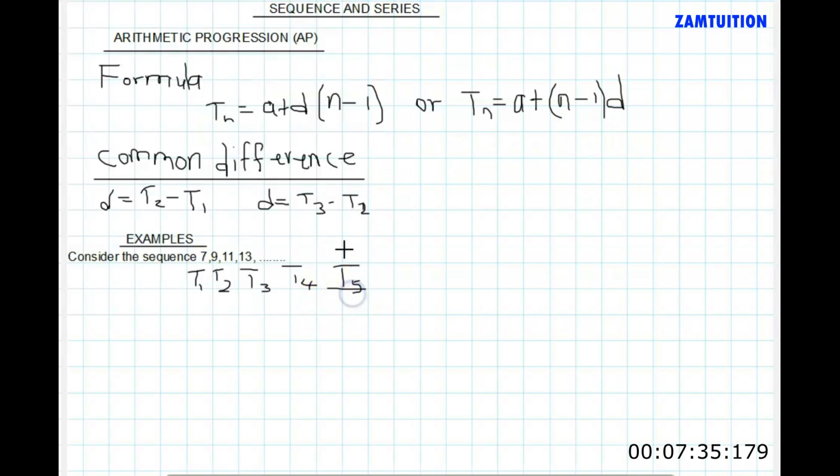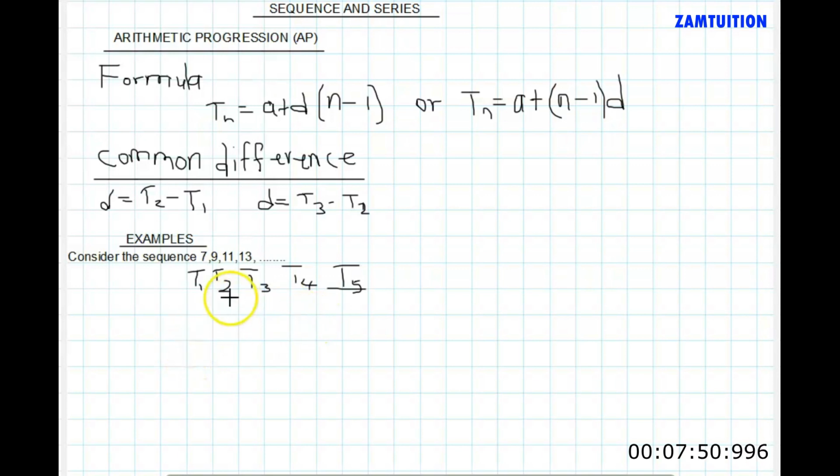That is our fifth term that we are going to find. These are the terms, and now we are looking for the fifth term.